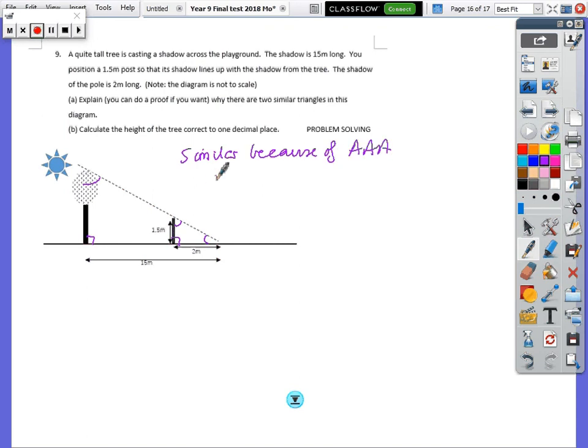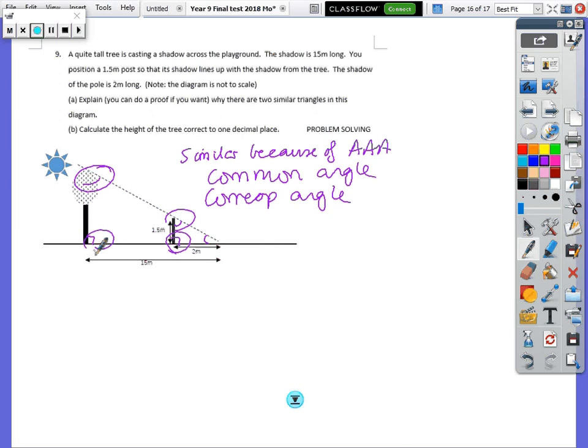So you've got a common angle, a corresponding angle, and we got two corresponding angles. You've got a corresponding angle there, and you've got a corresponding angle there. Something like that.